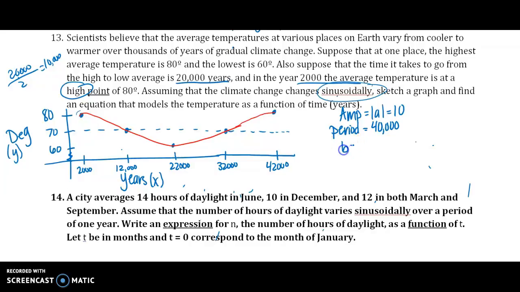Which means that to find b, when I take 2 pi and divide it by 40,000, that's going to be pi over 20,000. Just leave it as the fraction. It will not hurt anything to do so. Okay.